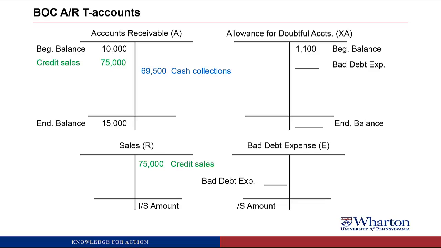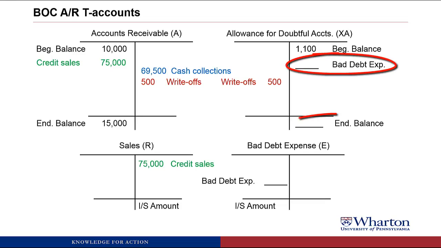So that's a reduction to accounts receivable. It's also an increase to cash. To save space, I left the cash T account off the screen. And during the quarter, they had write-offs of $500, so they reduced their accounts receivable and they reduced the allowance for doubtful accounts. Now, all that's missing is what is the bad debt expense during the quarter, and then what's the ending balance in allowance for doubtful accounts.